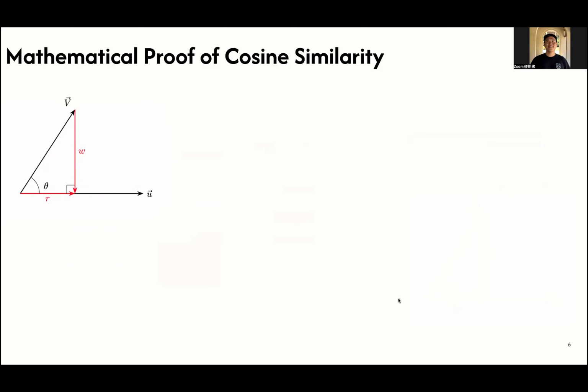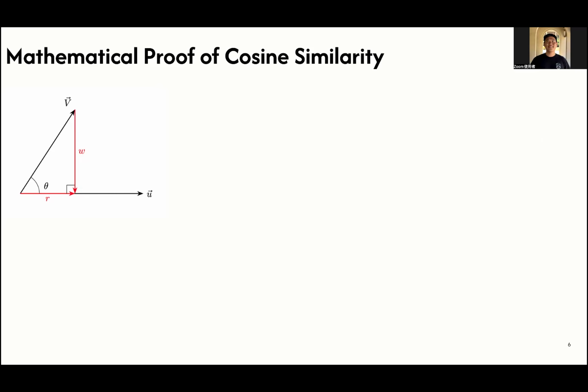Okay, let's talk about the mathematical proof of cosine similarity. Suppose we have two vectors, vector u and vector v. We'd like to know how similar they are by measuring the angle between them. If we drop a perpendicular line from one vector to the other, we create a right triangle.